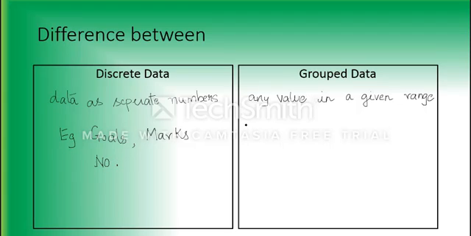For group data, examples which are very easy to understand are, suppose I'm talking in terms of the time that a student takes in order to complete his paper. That is group data because it could be a fractional value. The height of all the students in a class is also group data. We could be talking about area, capacity. These are all items which can have decimal values and hence they fall in the category of group data or continuous data.